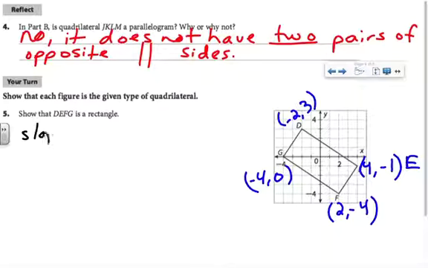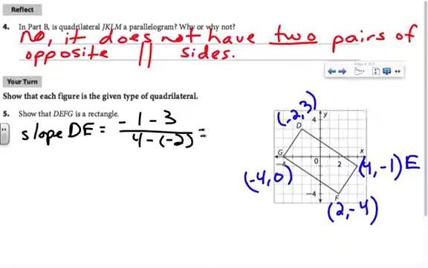So slope of DE, that's negative 1 minus 3 over 4 minus negative 2. That's negative 4 over 6, which we will reduce to negative 2/3.